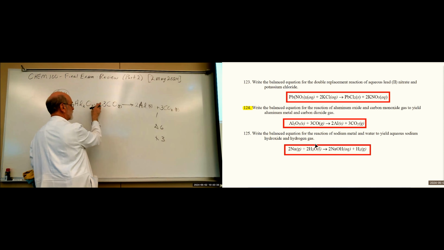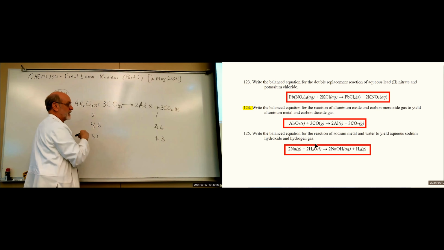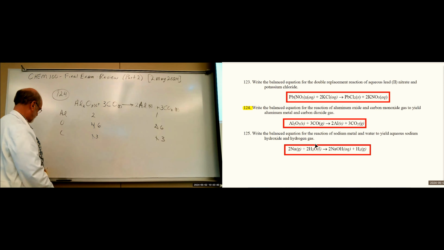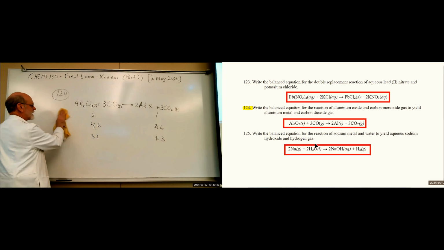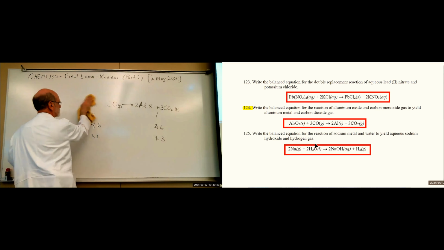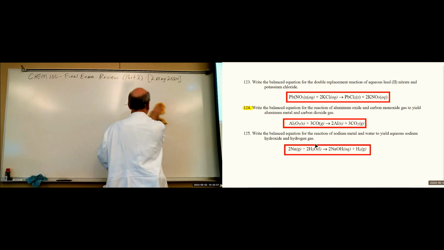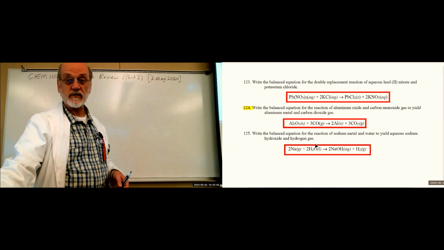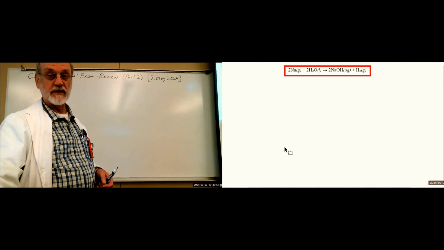Another 3 over here would be the 2. 2 times 3 would be 3 there. And that's how I got to the correct answer. It takes practice. I can't say it any other way. Some of them fall right into place, and some of them require a little extra brain power and experience.